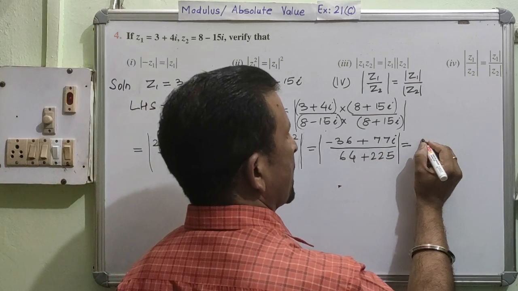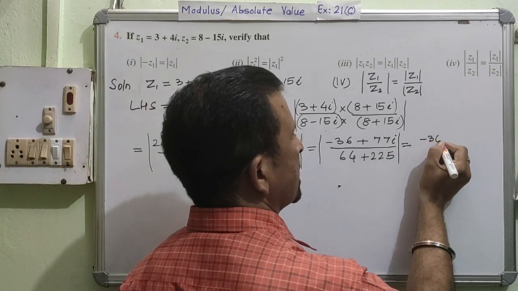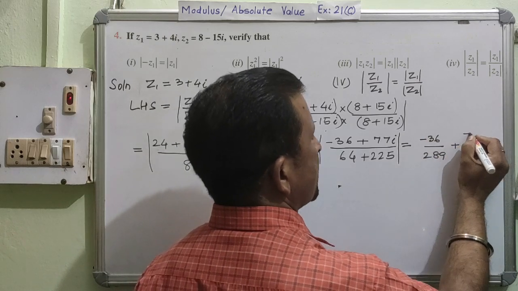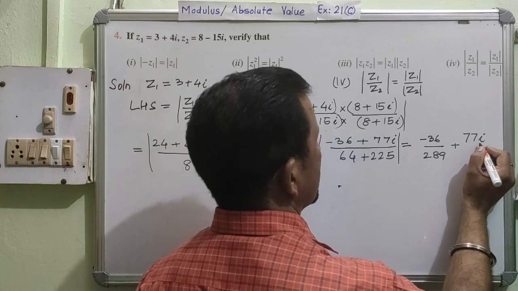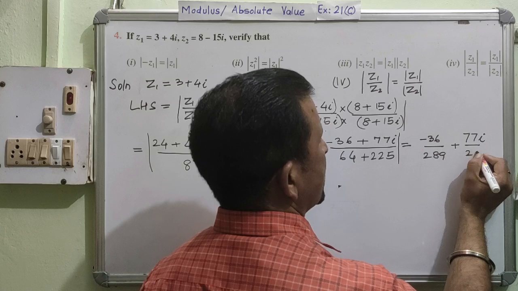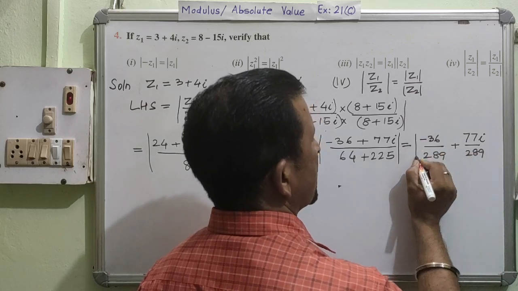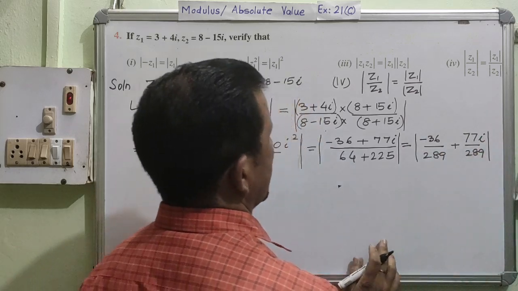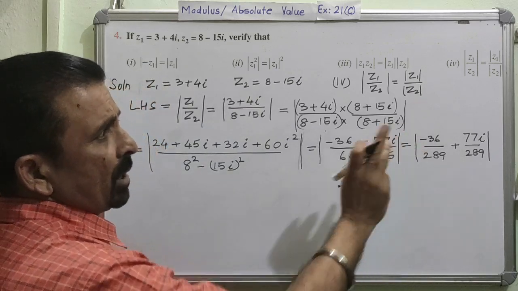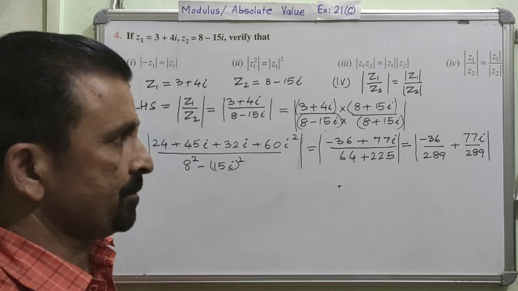So finally, our complex number will become minus 36 divided by 289 plus 77i divided by 289. First of all, we are just rationalizing, okay? After rationalizing, now we are going to start finding the mod of this.